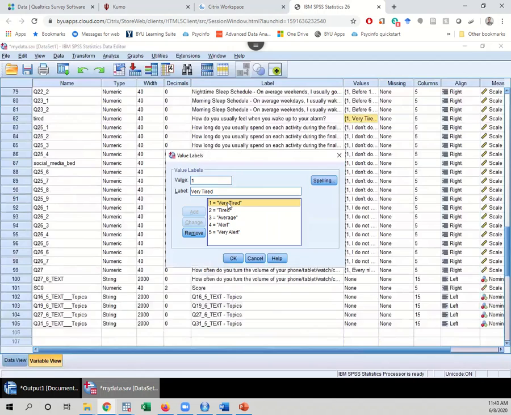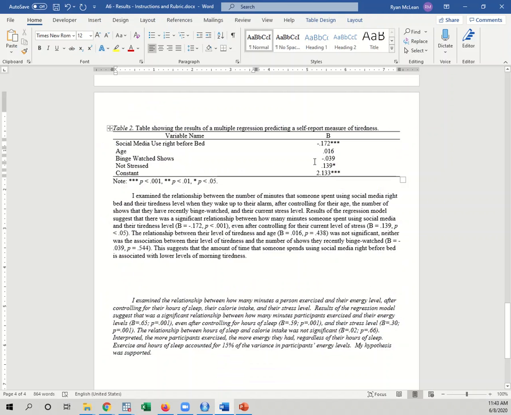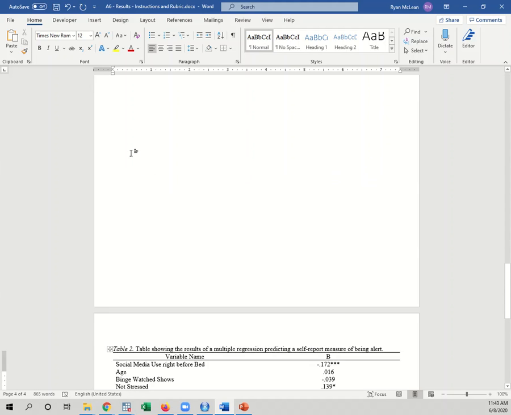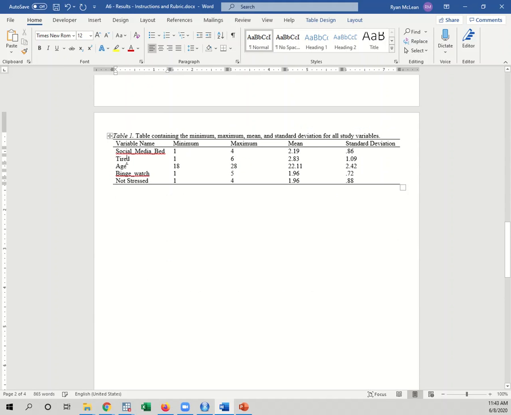I had 1 coded as very tired and 5 coded as very alert. So I actually have to go back and change this, and I could even say predicting a self-reported measure of being alert. And I might actually just change that all over to say this is alertness.